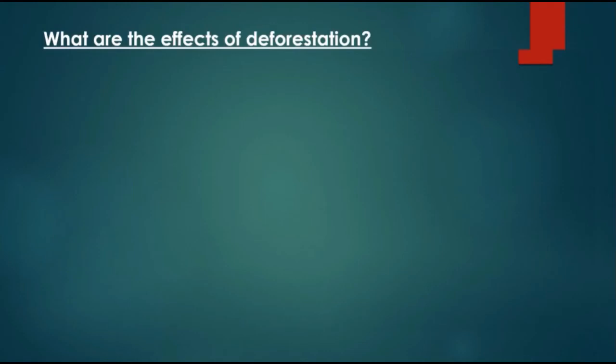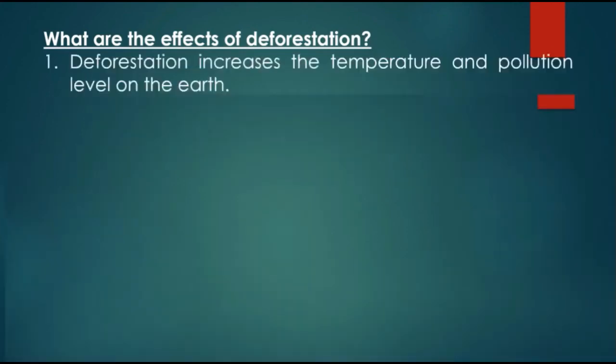Well, now you have understood one of the important effects of deforestation, and that is the increase of temperature and pollution level on earth, right? And why does it increase the temperature?